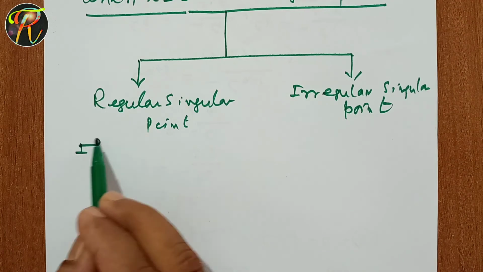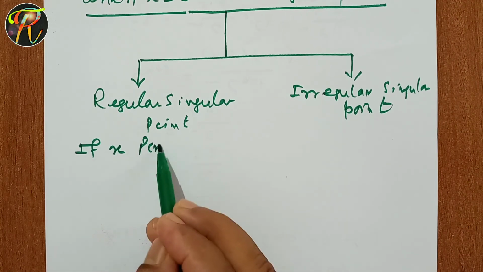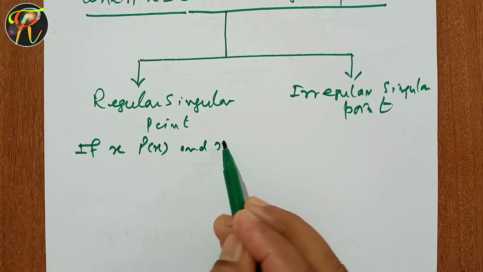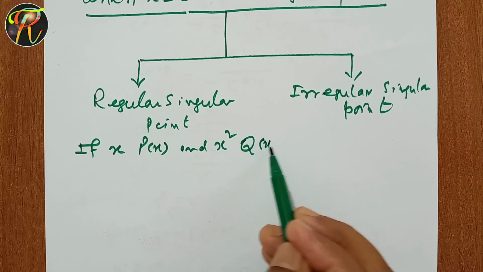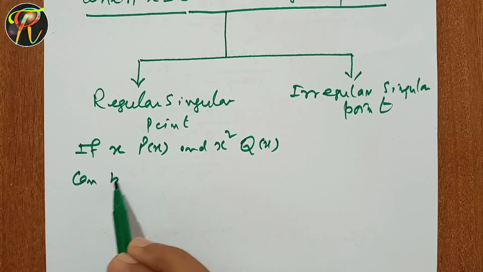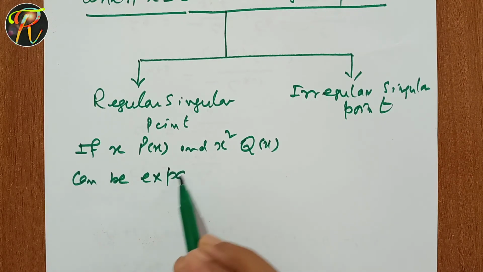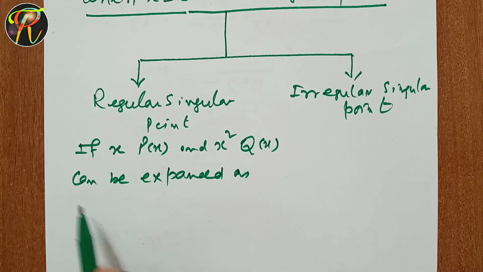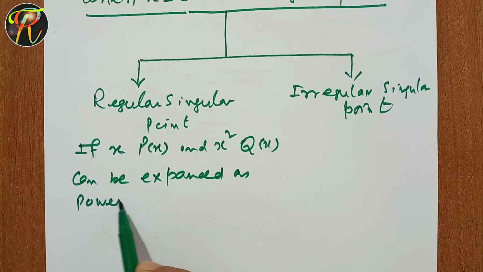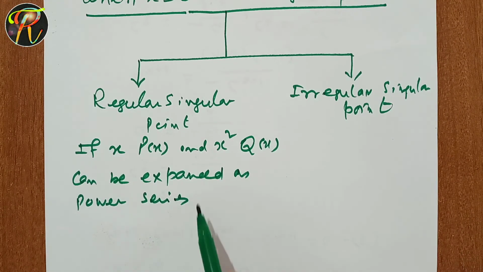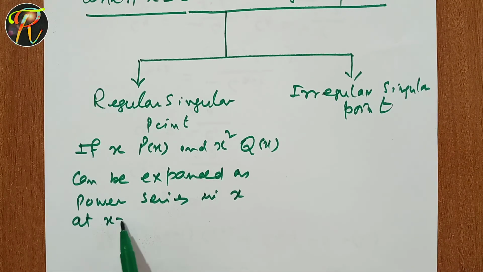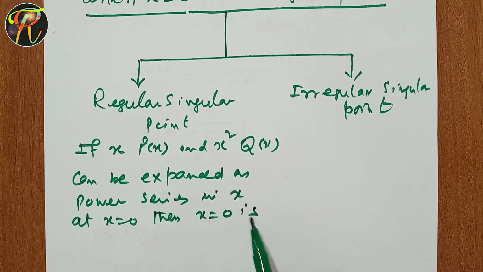If x p(x) and x square q(x) can be expanded as a power series in x at x0, then x is equal to 0 is a regular singular point.